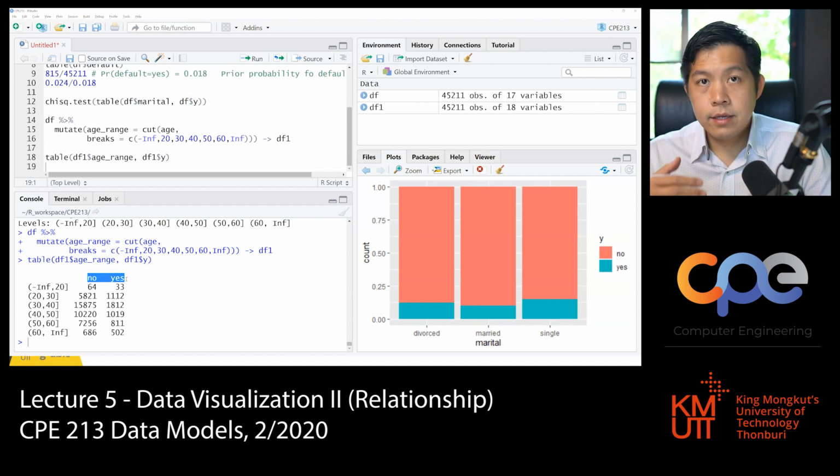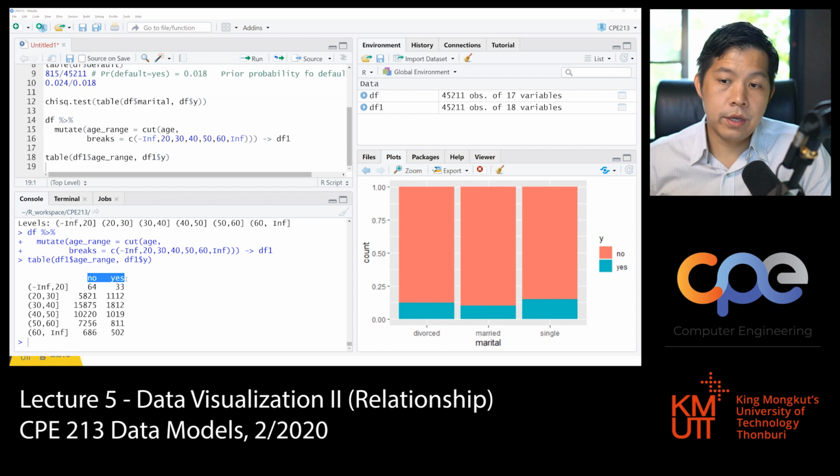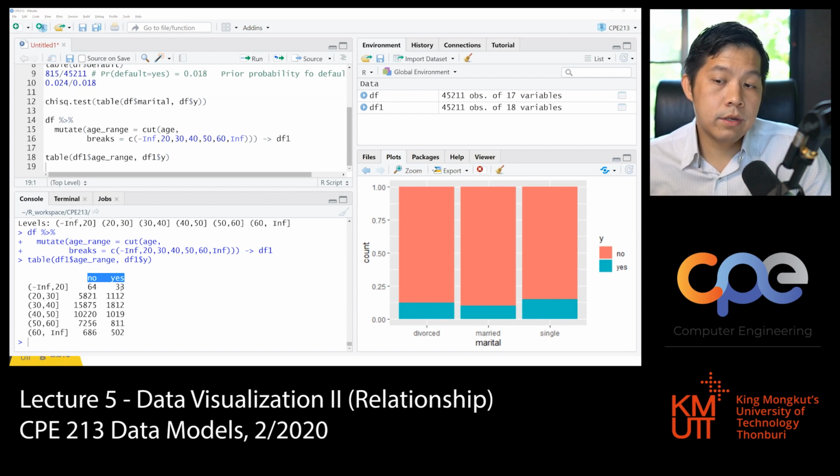Just by scanning through the values here, you will notice something interesting. Here the chance is about 1/3. But for this one, the chance is lower, 1/6, right?